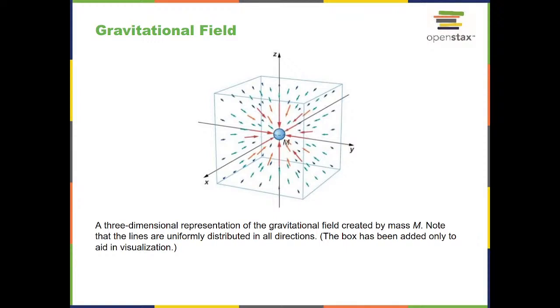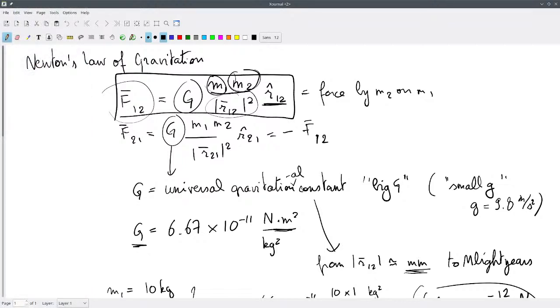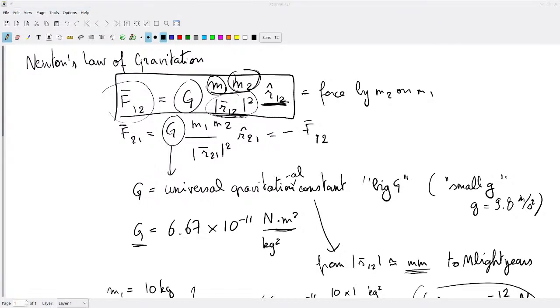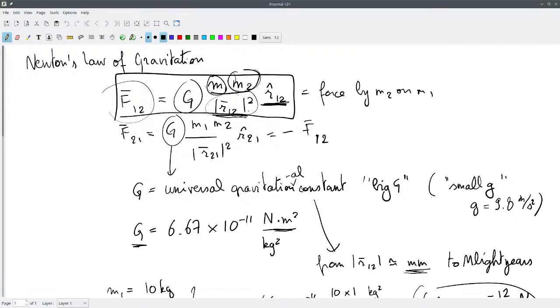The other thing that's very common in physics for these kind of forces is not just that they point towards the center or along the line that connects the two masses, but that it goes like 1 over the distance squared. You can find this in other physical systems as well. When we have a central force, it is common for it to be a 1 over r squared force. So it's an inverse square law on the magnitude of the force.